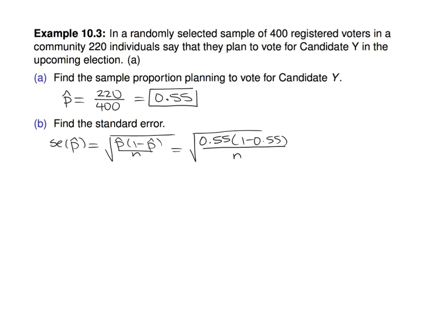Oh, and n is 400 in this case. That comes out to be approximately 0.0249. That 9 was an 8, but it got rounded up because the next number was a 7.